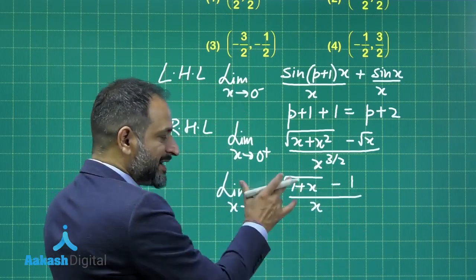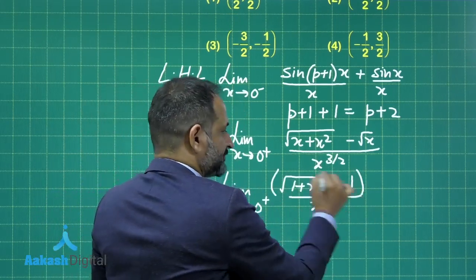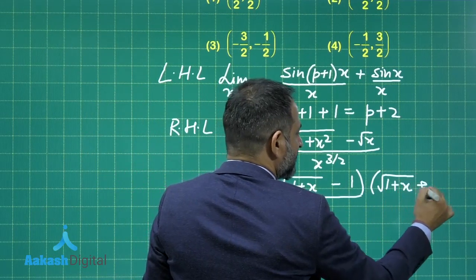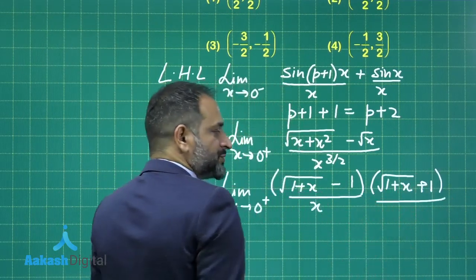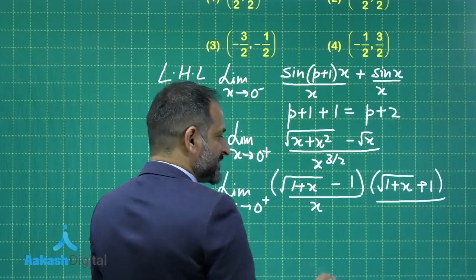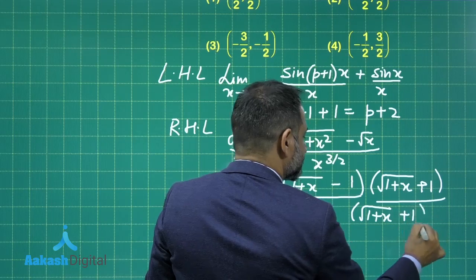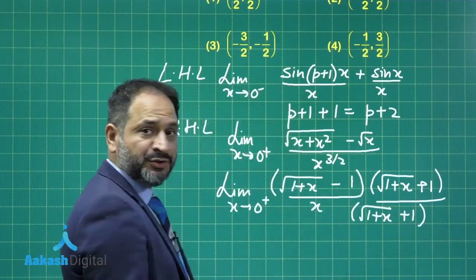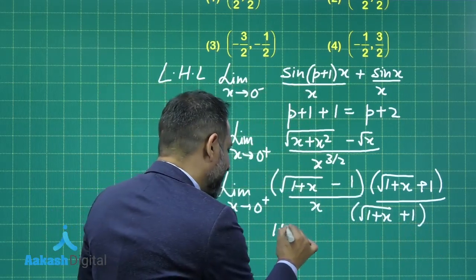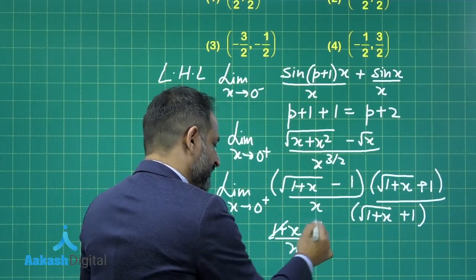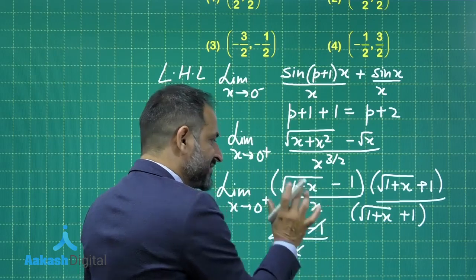Now, if I rationalize this, multiplying the numerator and denominator with under root of 1 plus x plus 1, the numerator is 1 plus x minus 1, which will be cancelled with this x.